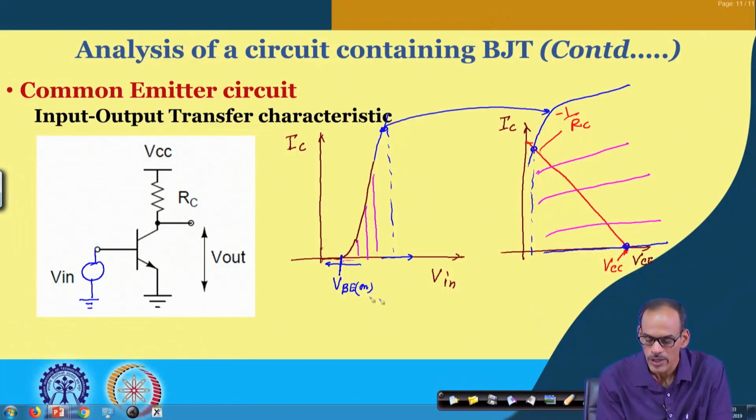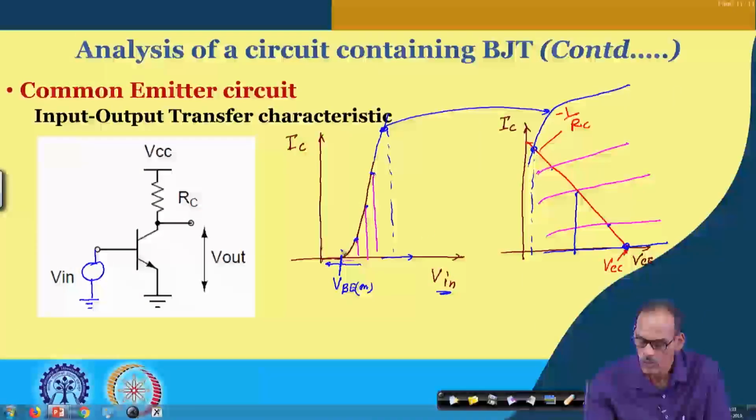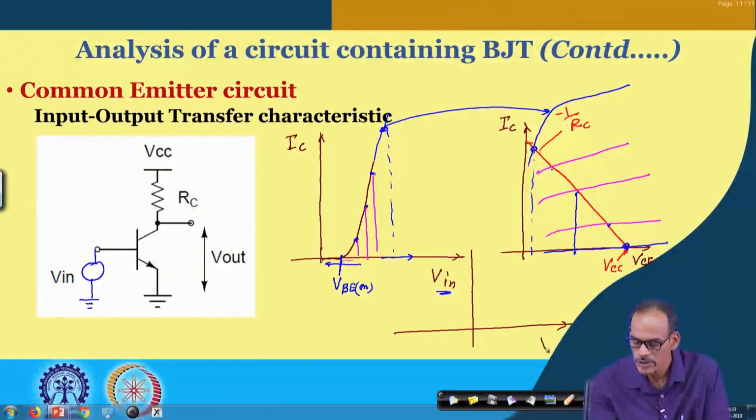So, if I vary this input over a wider range and observe the corresponding output, this is corresponding to the middle one, this is corresponding to this point, and this is corresponding to this point. Then whatever behavior we observe, namely the Vin to Vout characteristic, we get something like this.